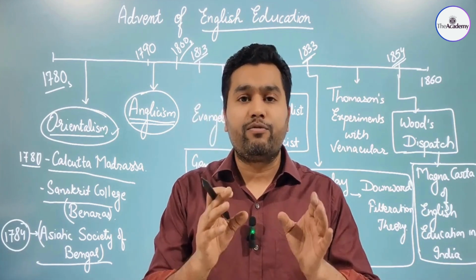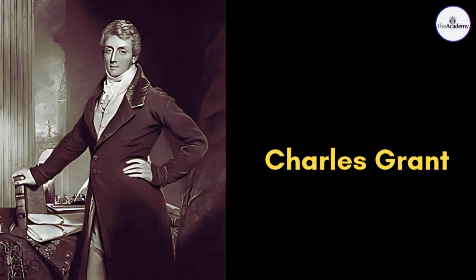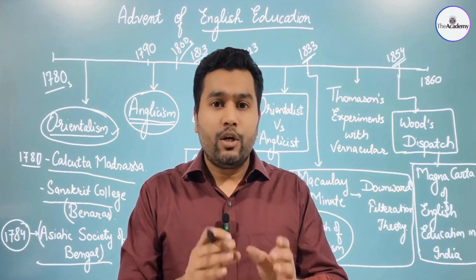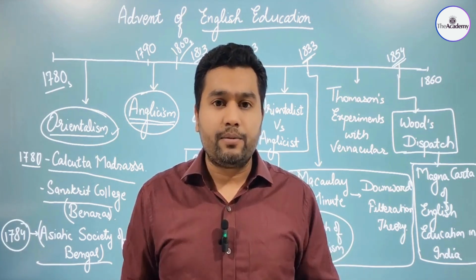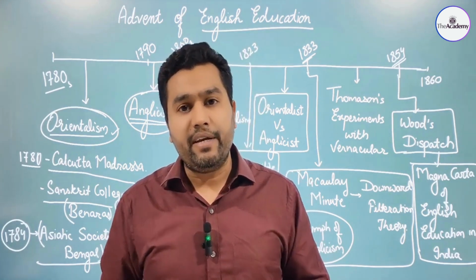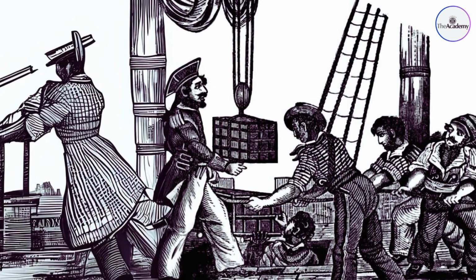Let me give you an example of Charles Grant. Charles Grant was an evangelicalist. And Charles Grant stated that the English were resorting to exploitation of Indians because the English thought that their rule was temporary in India and they must fill up their pockets as much as they could.